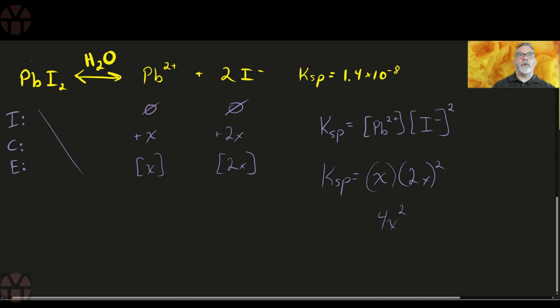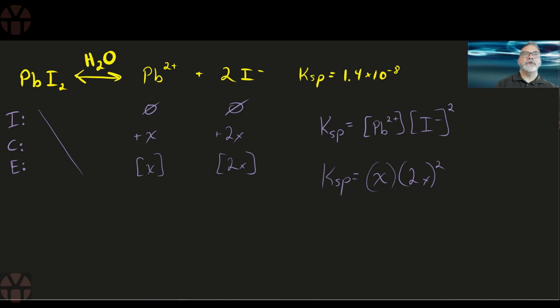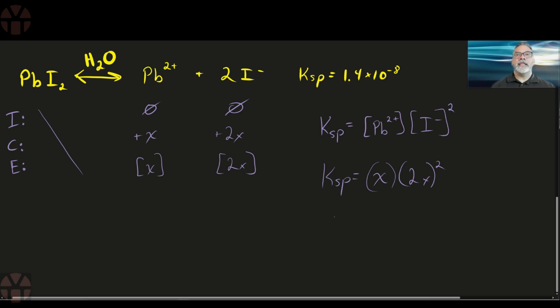The problem is that everyone forgets that because it's 2x, we square that, and then we have to take into account the other x. When I do this correctly, we have 1.4 times 10 to the negative 9th equals 4x cubed.